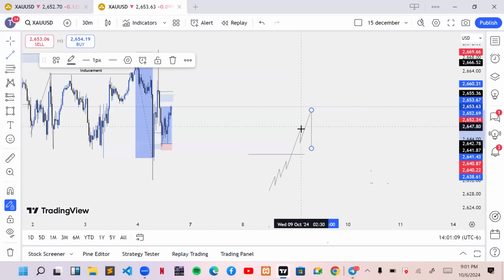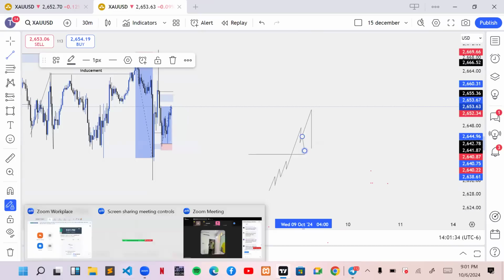But if the market does the break of structure, this is the pullback, and it pushes the market close here and then just comes down, this is not a valid pullback. This means the market is likely going to reverse to the downside. So a valid pullback has to push the market at least close to 50% or more of the last move that happened after the break of structure and the market structure shift. That is how you identify a valid pullback.